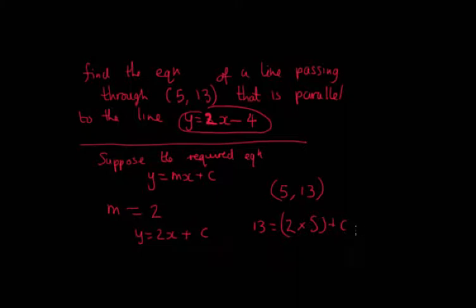Now we've got this unknown c, so we can rearrange the formula and solve for c. So 13 equals 10 plus c. Let's take 10 away from both sides. So that means 3 must equal c. So we've now found the equation. So y equals 2x plus 3 must be the equation for this line.